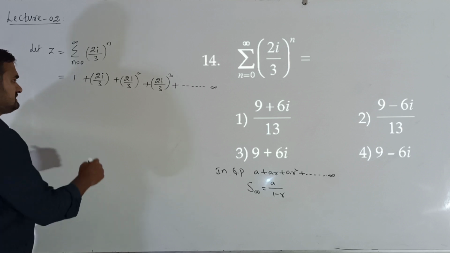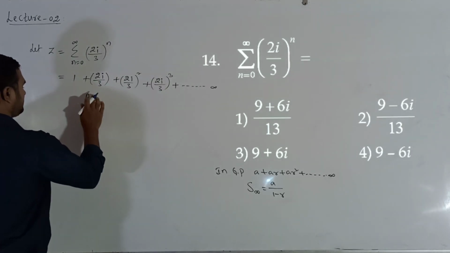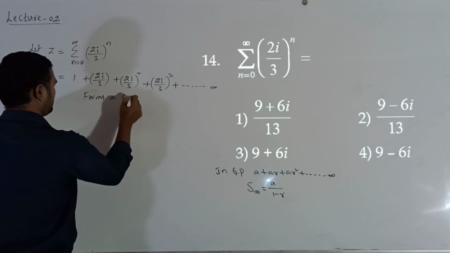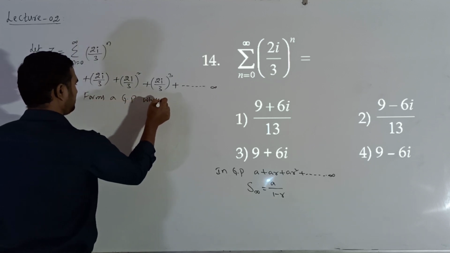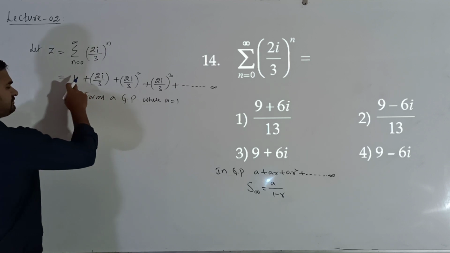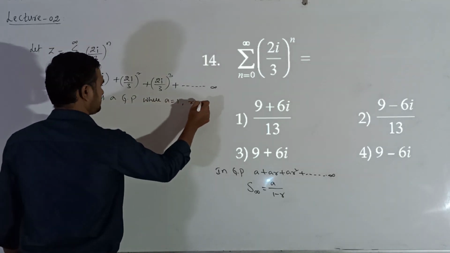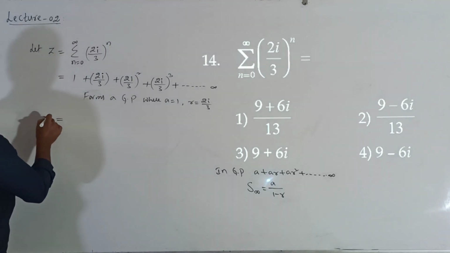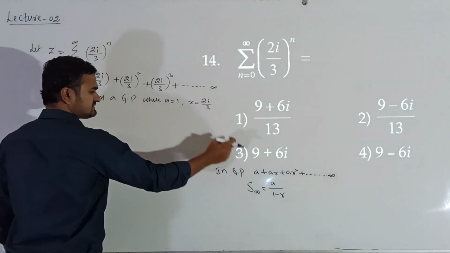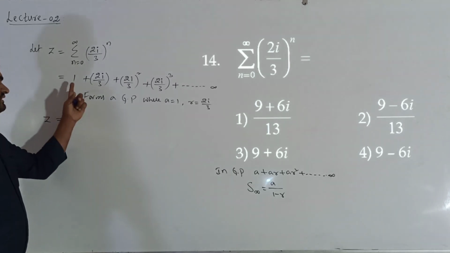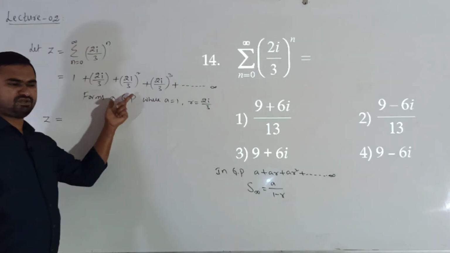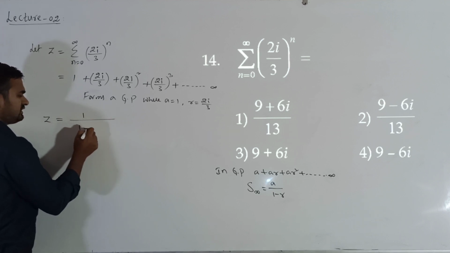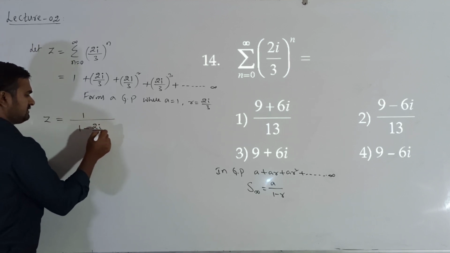The ratio is the same, which means it is forming a GP, a geometric progression, where what is the first term? First term is 1, and what is the common ratio? 2i by 3. So what will be the sum of infinite terms? Now simplifying all this, I can write it as a by 1 minus r. So 1 by 1 minus r, where r is 2i by 3.